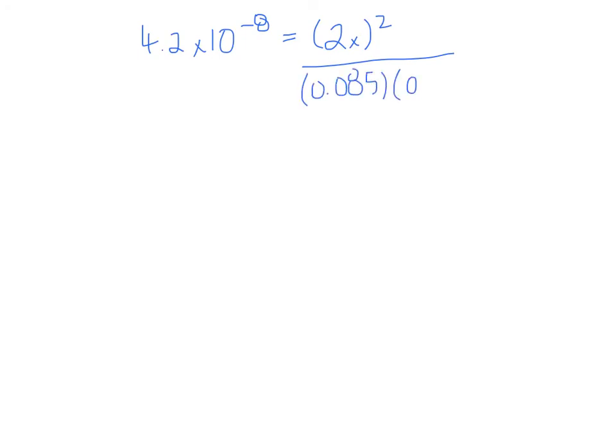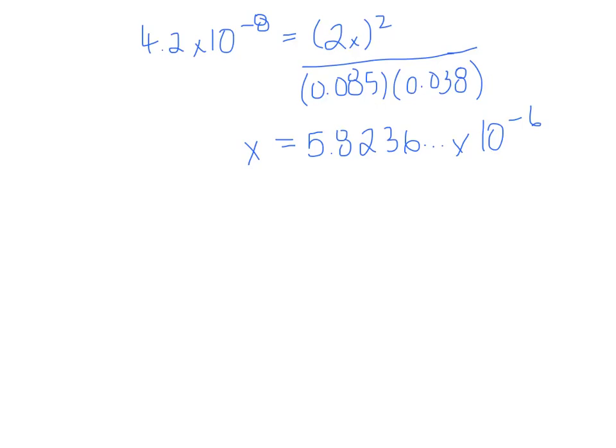That simplifies to 4.2 times 10 to the negative 8 equals 2x all squared over 0.085 times 0.038. Much easier to solve now. So if we solve for x, we get 5.8236, just going to keep some decimal places for now, times 10 to the minus 6.